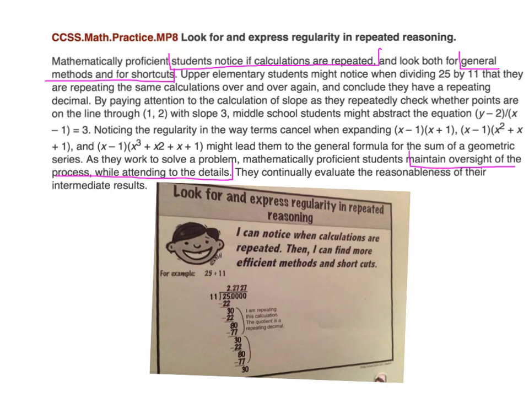And so that was a shortcut for me. And I maintained oversight of the process while attending to the details because I still explained through the area, but I already knew them, so I maintained oversight. But I still told you guys the details of all of the area.